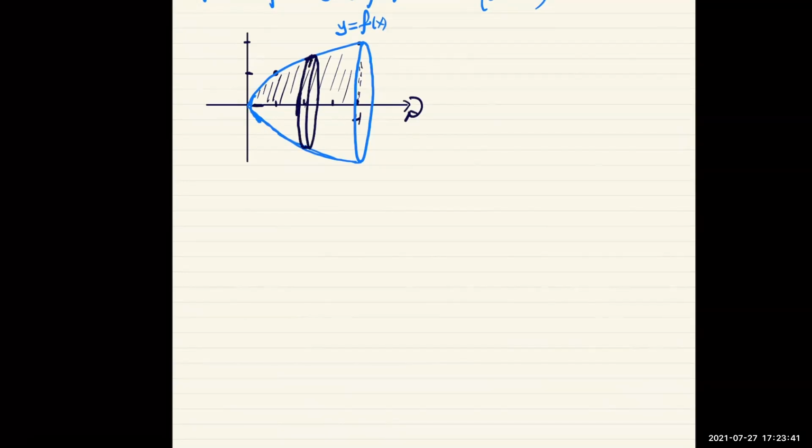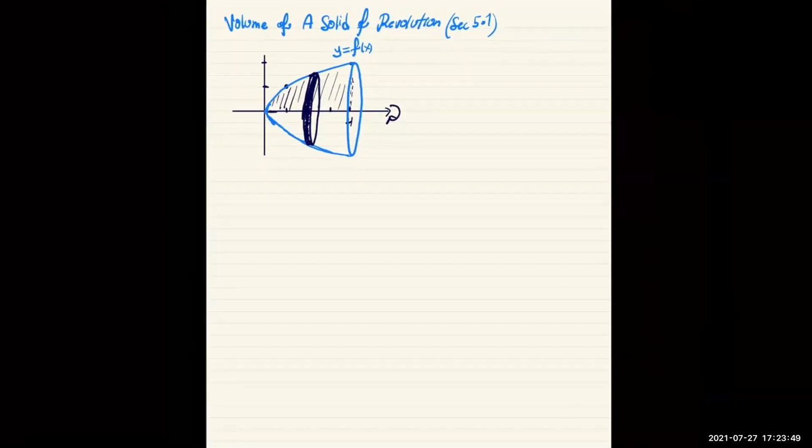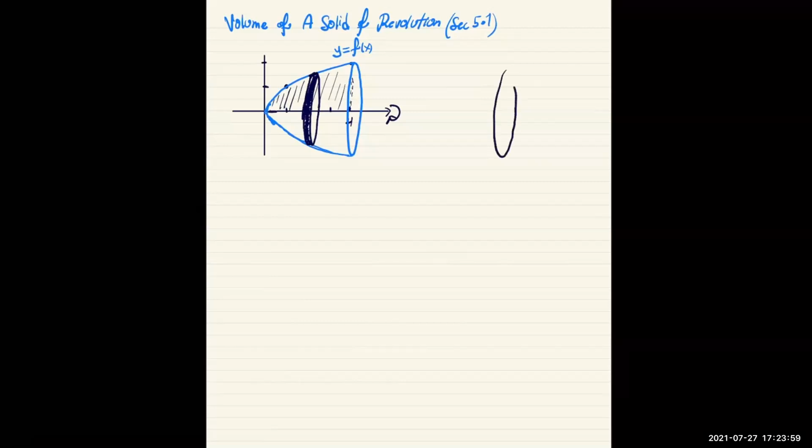Okay, so that slice itself is a solid. I'm gonna extract that slice out and draw it over here. The idea is super easy, trust me. Easier probably than areas.